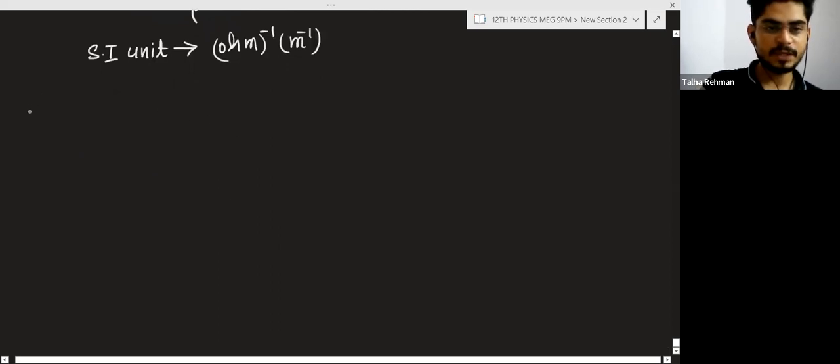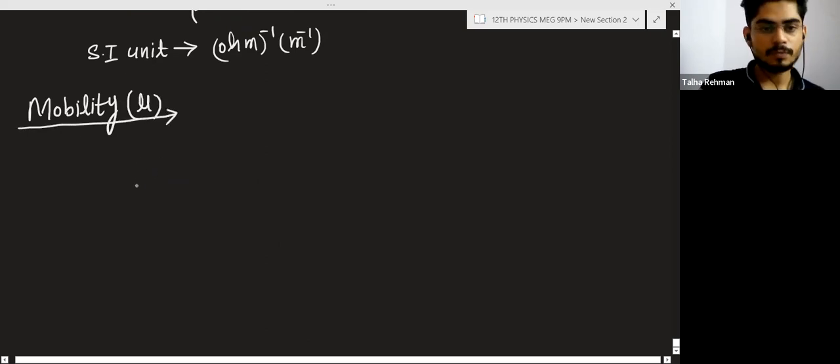Now we have mobility, and mobility is represented by mu. Mobility is the drift velocity divided by electric field.